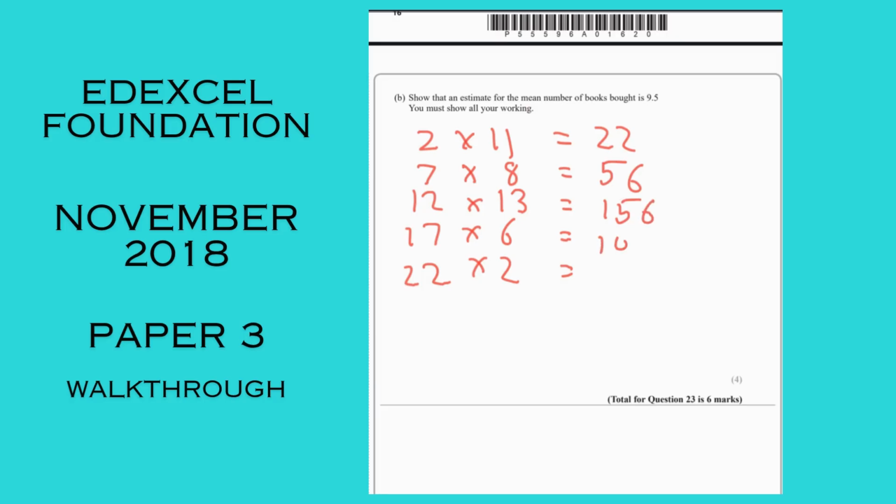Yep, I've already done it, giving you the most important number, the total of 380. Don't forget, big mistake if you divide by 5. Yes, there's 5 lines, but there are 40. All right, in the question, giving you the answer of 9.5 books.